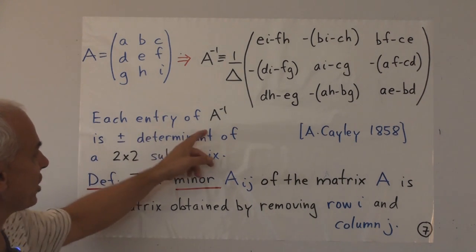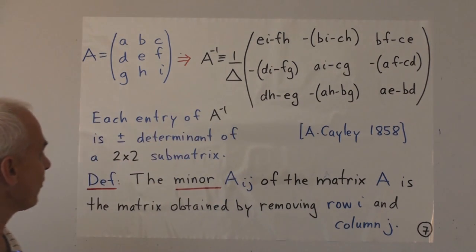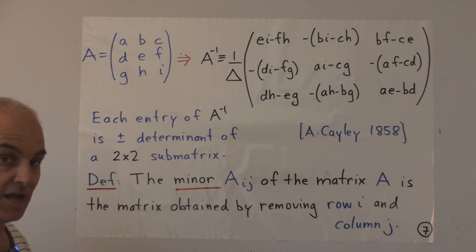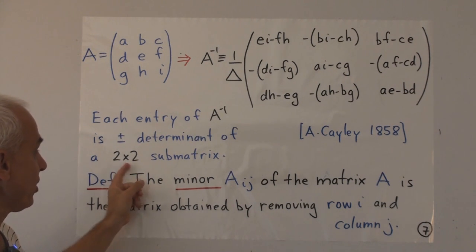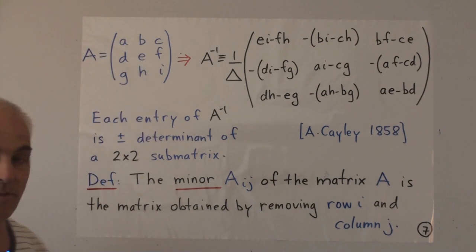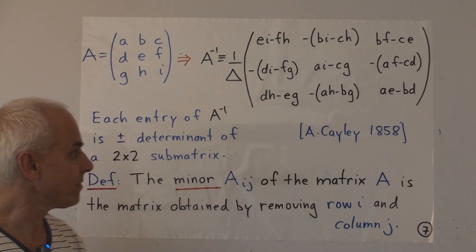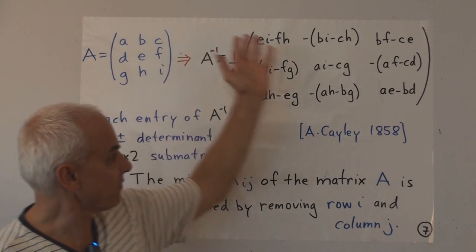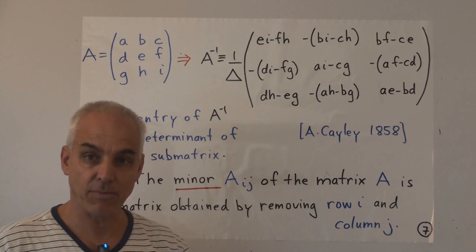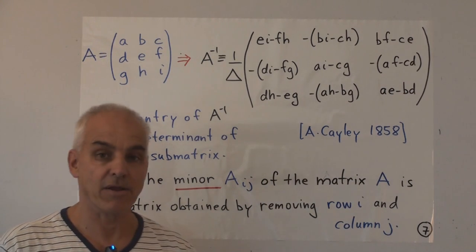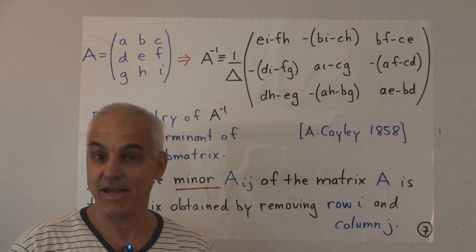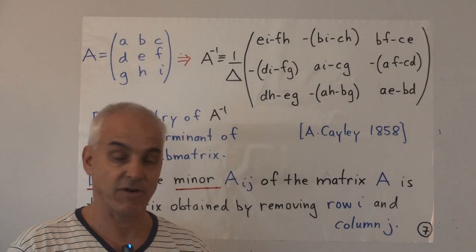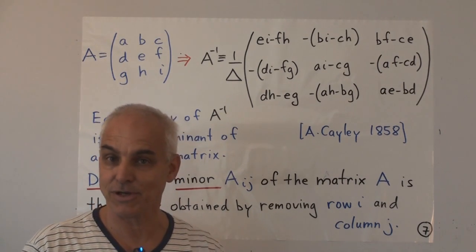And we observe that each entry of this inverse matrix is itself, up to a sign, a plus or minus, the determinant of a 2x2 submatrix of the matrix A. And I should maybe mention that this formula for the inverse of the 3x3 was, I think, first written down by Arthur Cayley in 1858, who was a very prolific English mathematician, who was also a lawyer.